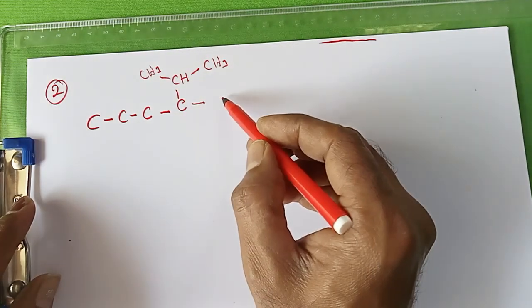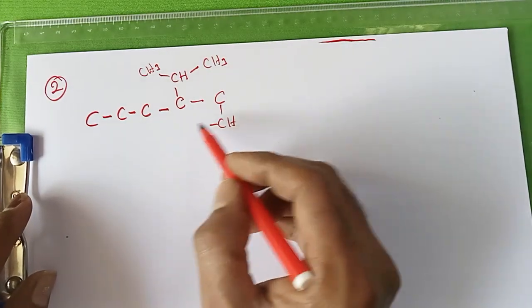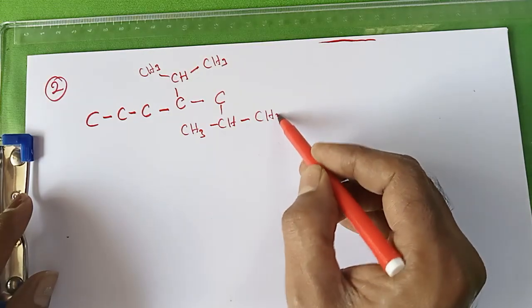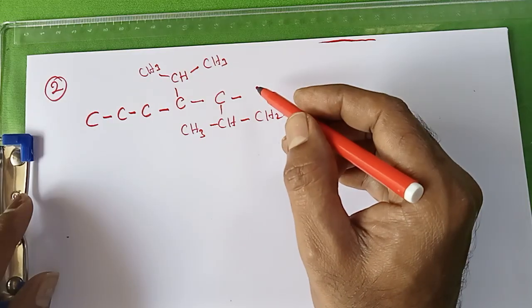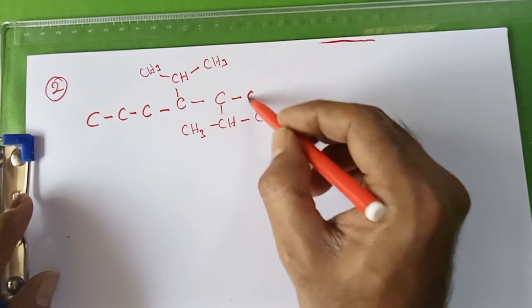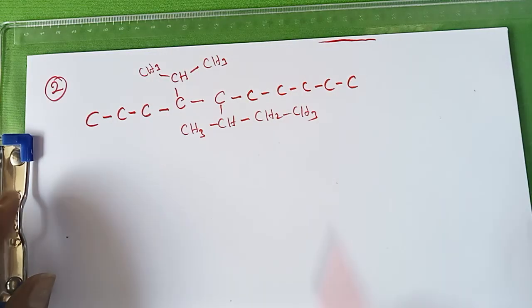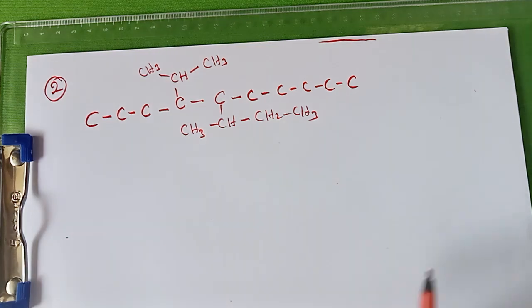Next C, here also I take another branch CH3, again CH2, CH3. Next, one continuous chain: 1, 2, 3, 4, and 5, like this. Now we give the IUPAC numbering for this.